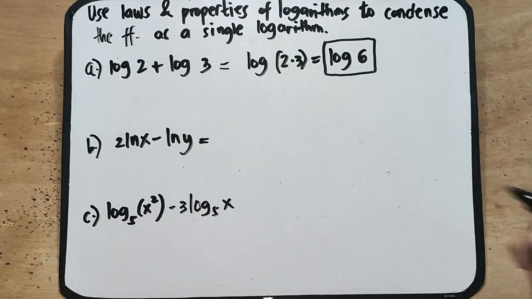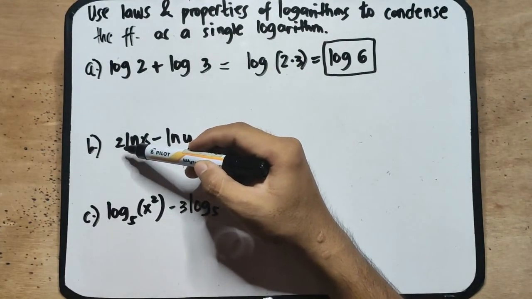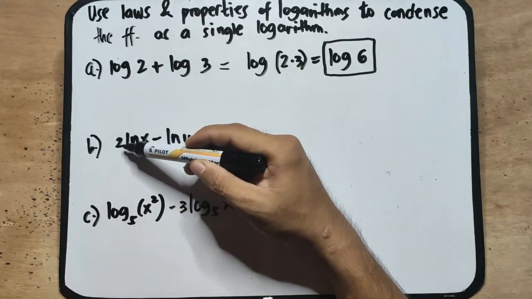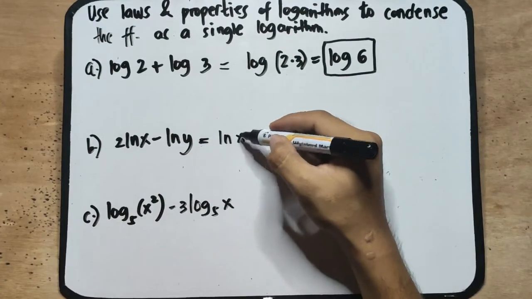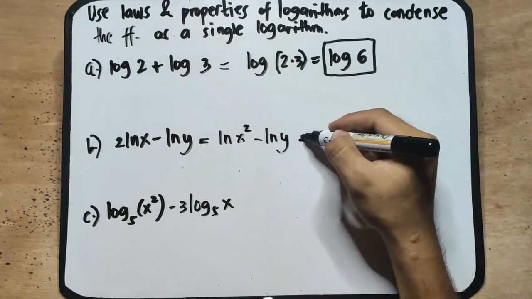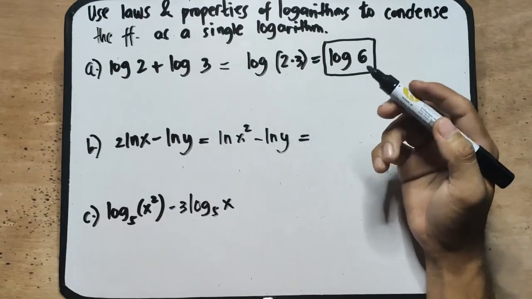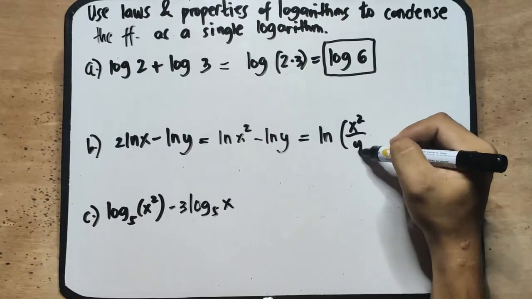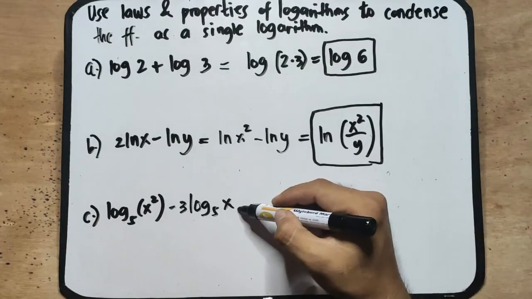Since may number na nasa tabi right before the term ln, ibig sabihin this is the exponent. So, we have ln of x squared, tinaas natin siya, minus ln of y. Since subtraction operation niya, magiging division yan. So, we have ln of x squared all over y. This is the condensed version.